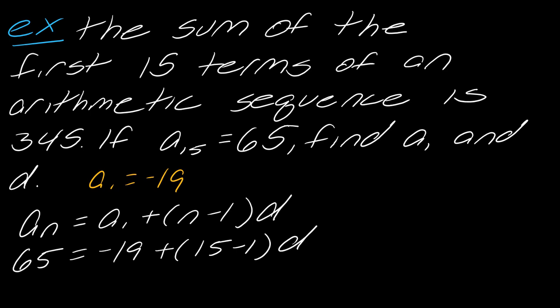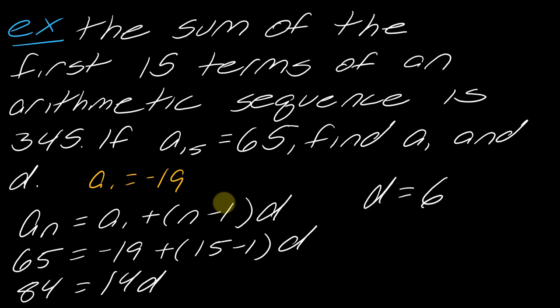And now you can see how this is just another algebraic formula. So let's see, if I go ahead and add 65 plus 19, I get that that's 84. And then if I divide 84 by 14, I get that d equals 6. And now I've figured everything out from this.